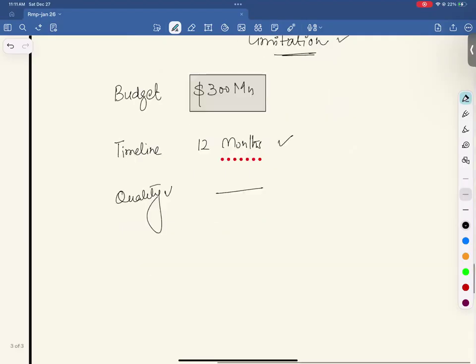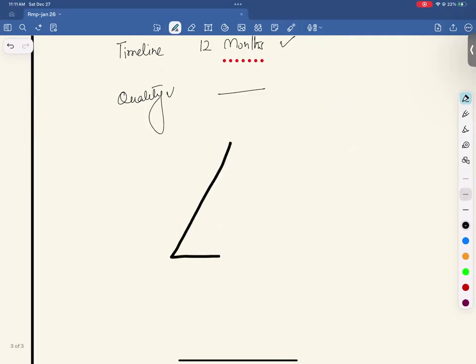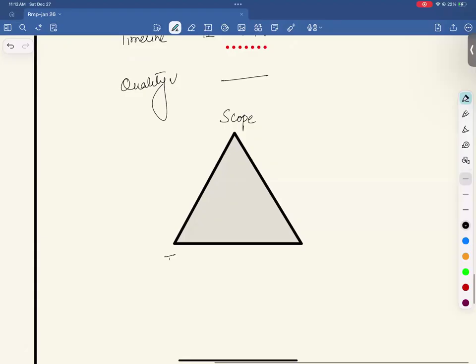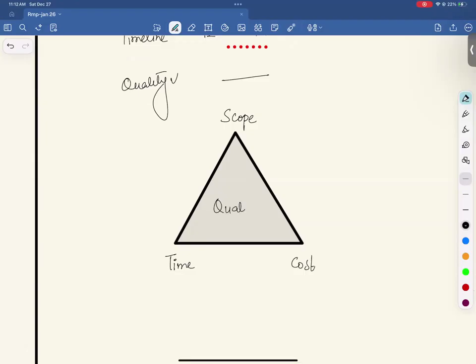So typically we have this triangle that is called the triple constraint triangle. PMI, triple constraint triangle. So you have scope here, you have time or schedule here, and you have cost and budget here. You have quality here, which is constant.